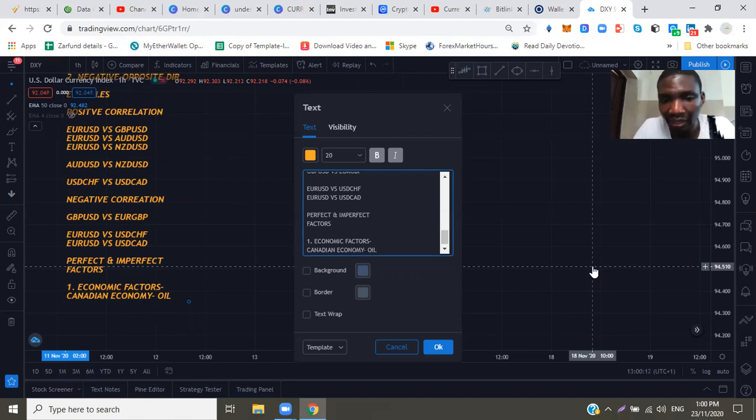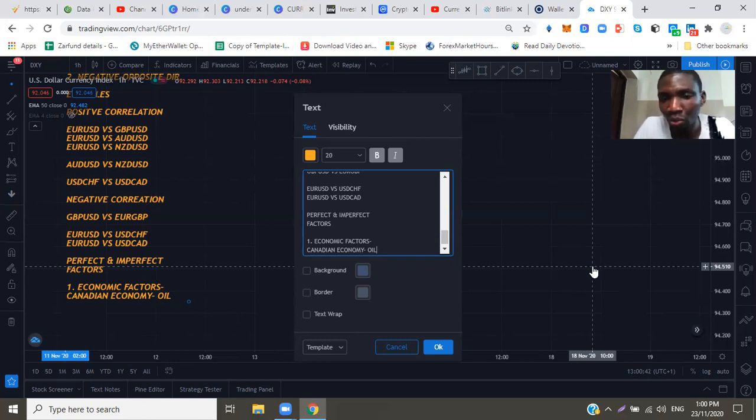But when there was no pandemic, the US dollar and the Canadian economy had their relationship all the time. Now, when the price of oil that the Canadian economy is so dependent on begins to crash, what do you think is going to happen? That will affect the Canadian economy, which will shift the correlation balance.